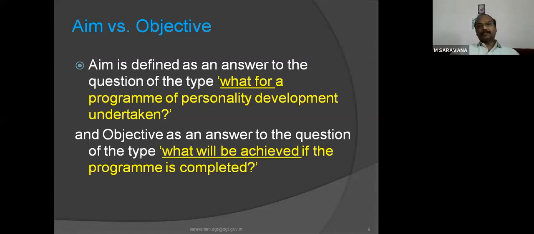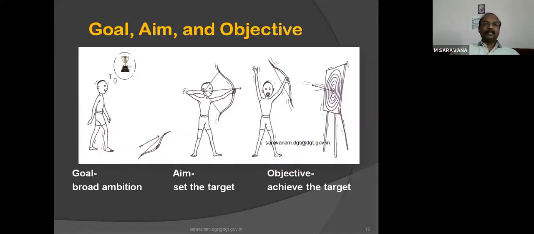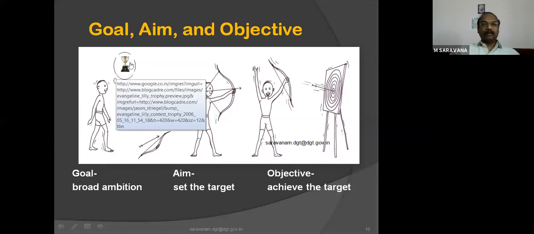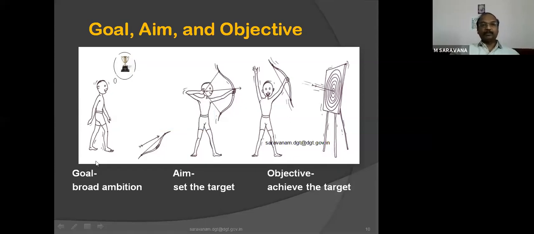Next we will see one visual which I made for goal, aim and objective. You see, goal is a broader term, a broad ambition, aim is setting the target, and objective is achieving the target. One person is dreaming that he will win a gold medal or a prize in an event. That is his broad ambition.